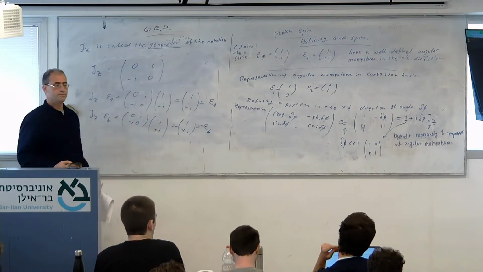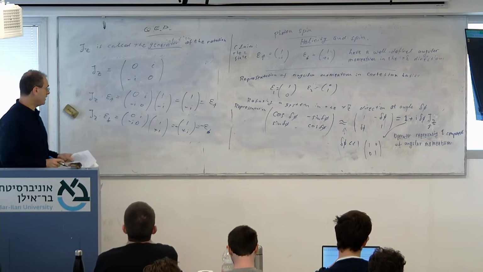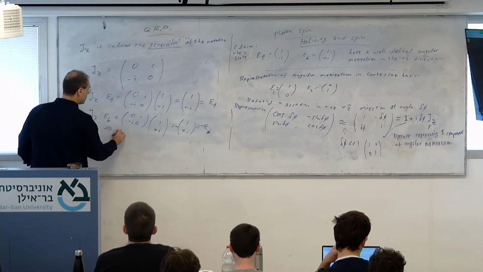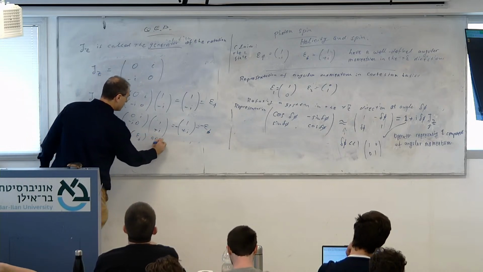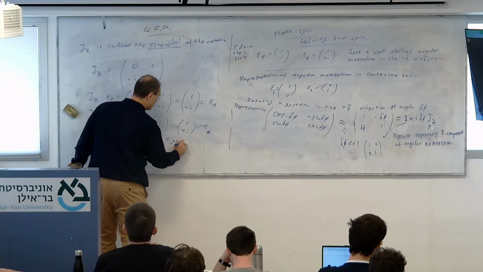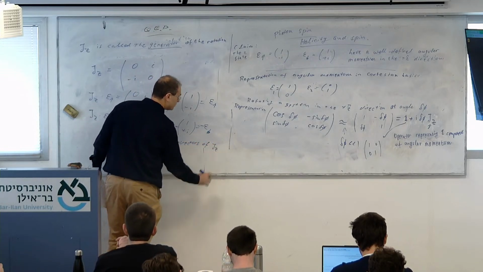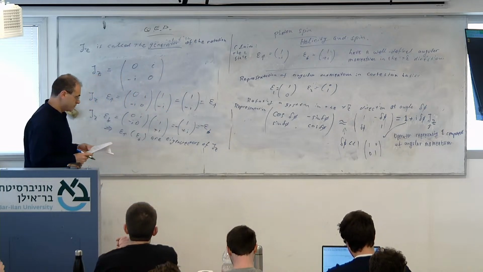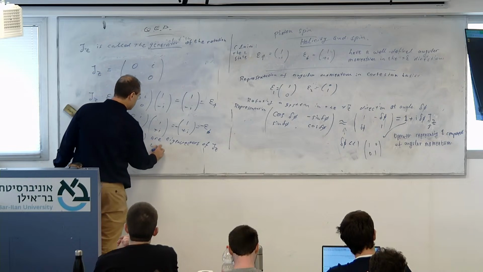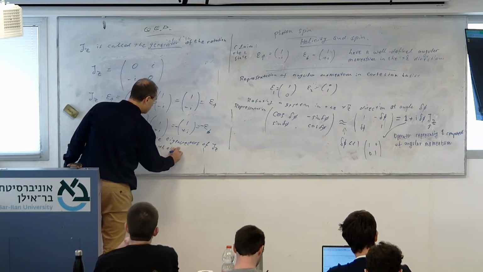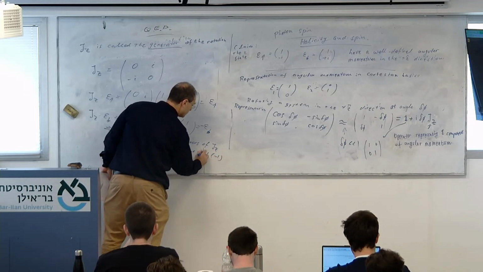They are eigenvectors. Right, so what did I just show you? That epsilon up and down are eigenvectors of JZ, right, with eigenvalues plus 1 or minus 1.